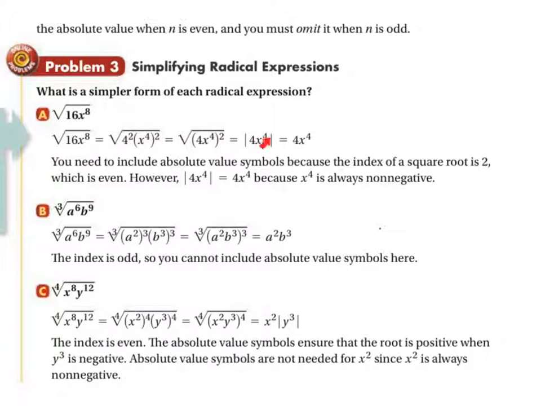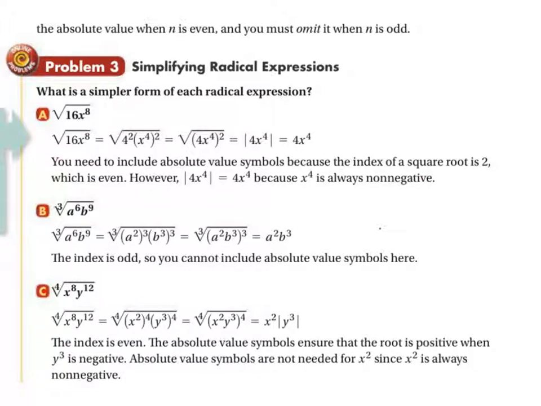And we take the absolute value of that, technically not exactly necessary here, because the nth root of nth power rule says it comes out as an absolute value because of the even n, but that even power is going to kill any negative anyway. We need to include absolute value symbols because the index of the square root is 2, which is even. However, x to the 4th is always going to be non-negative anyway.